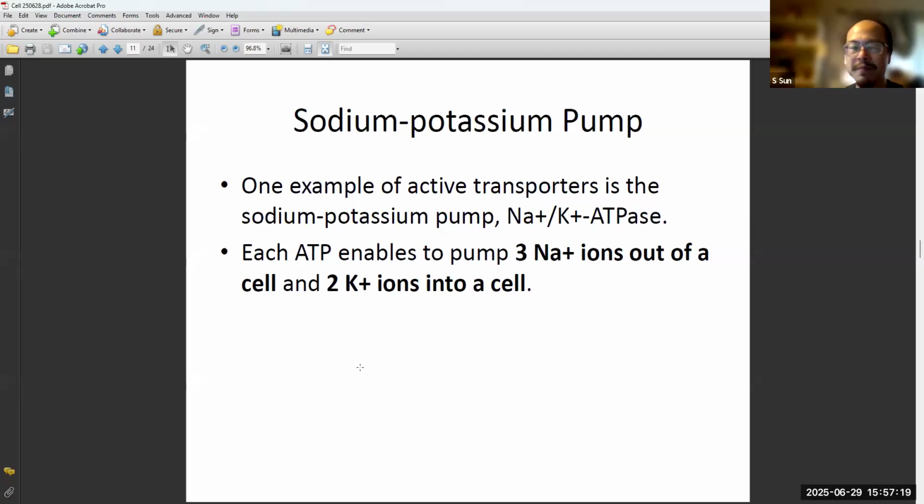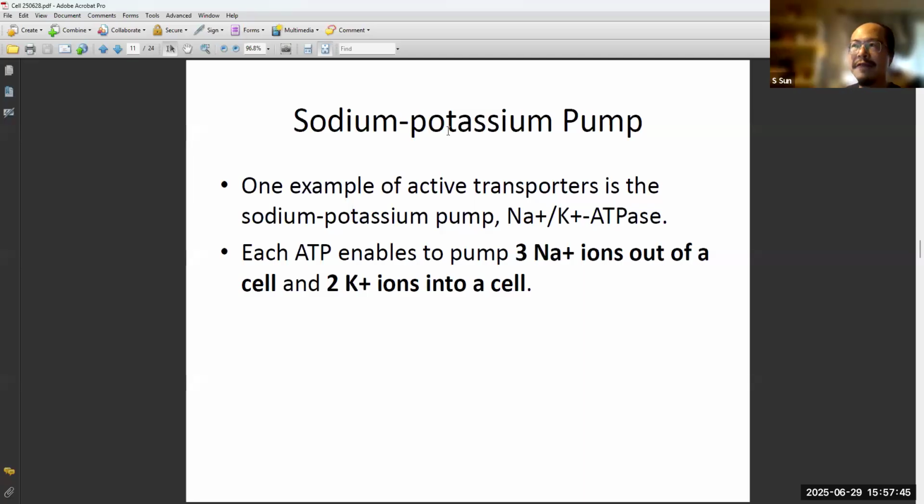Because this is universally present. Every different cell, whether that's your skin cell, your blood cells, your nerve cells, your muscle cells, your organ cells, all of your human cells has this sodium potassium pump.